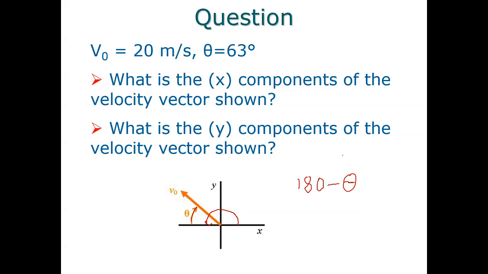Now we have our new value, I'll call it theta 2, and that's what you would want to use to find your x and y components of the velocity. So if this angle theta was 10 degrees, then the angle from the positive x-axis to the vector would be 180 minus 10, so it would be 170 degrees.